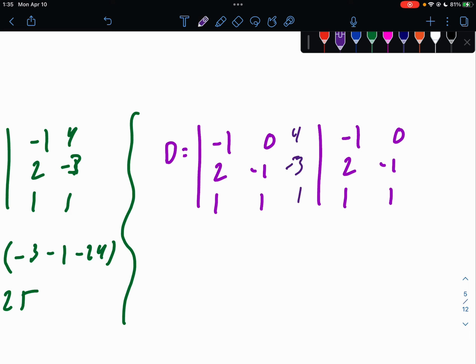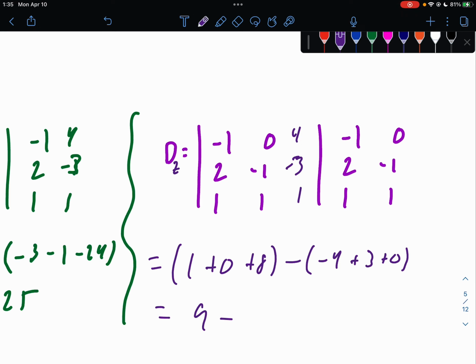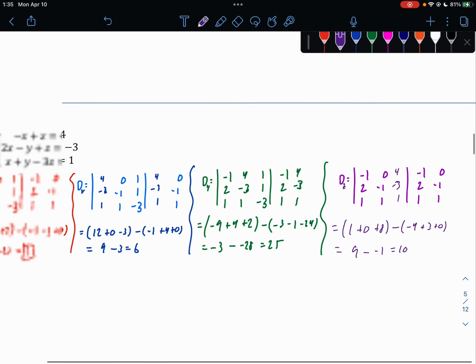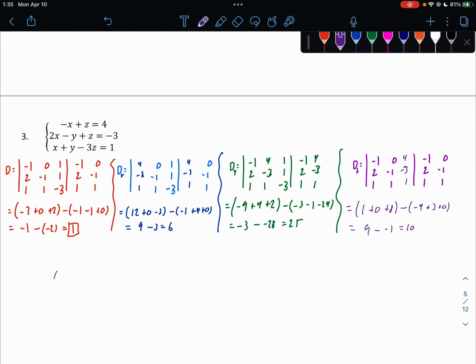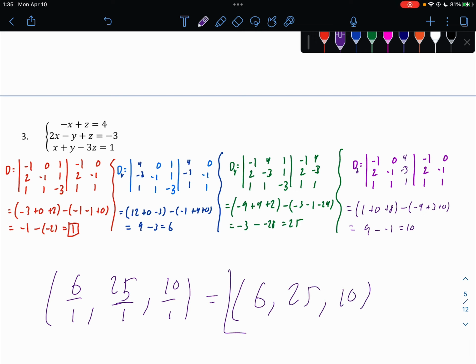So our dz determinant is going to be 1 plus 0 plus 8 minus -4 plus 3 plus 0, 9 minus -1, or 10. So then our answer is going to be 6 over 1, 25 over 1, 10 over 1, which of course is just 6, 25, 10.